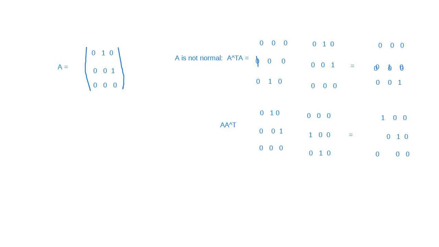And in fact, it's not even diagonalizable at all, because what's the characteristic polynomial of A?